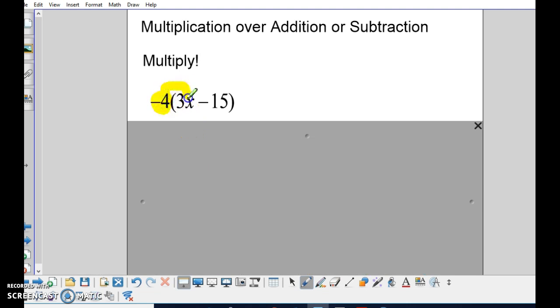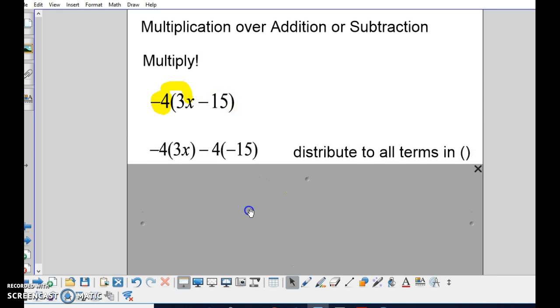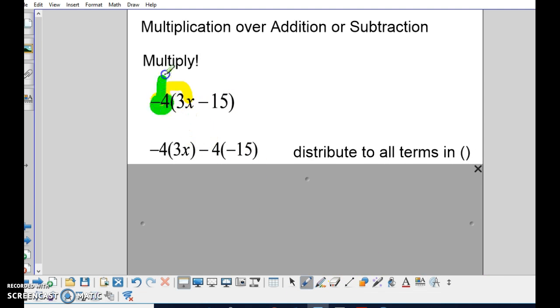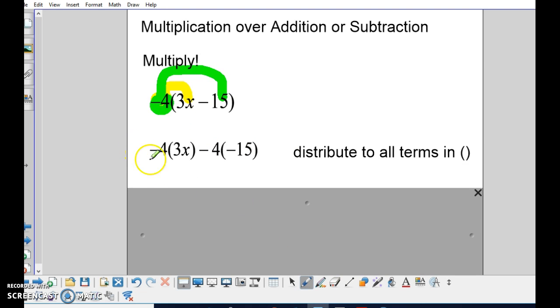So we're going to distribute it to the 3x first. And once we do that, we're going to distribute it to the negative 15. And that product written out looks like negative 4 times 3x, and negative 4 times negative 15.